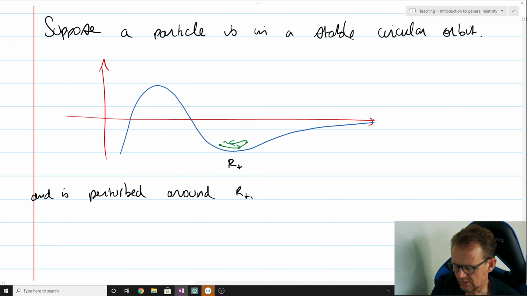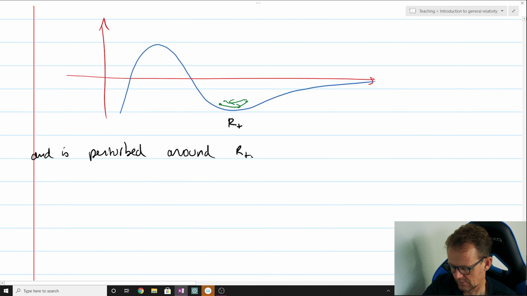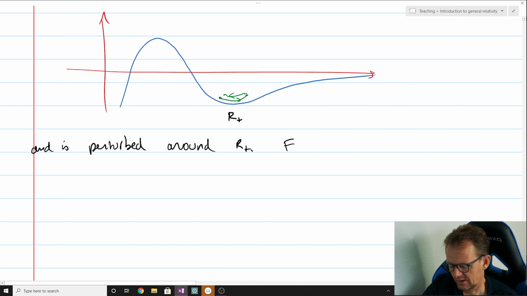So if you look at that potential, then for sufficiently small distances away from r plus, the potential is going to look effectively quadratic, right? I mean, it's got some cubic corrections, but it's effectively a quadratic potential. So we can just exploit that observation to really quickly get a handle on the oscillations around this minima.